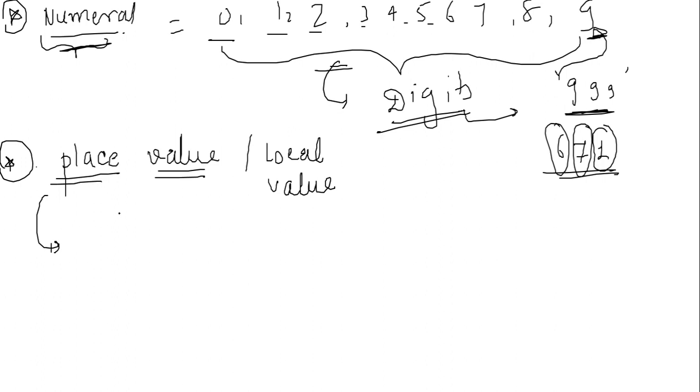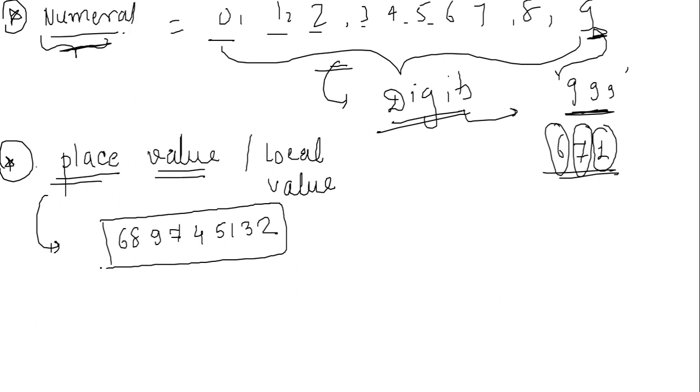For example, I have given a number to you over here, which is 68 crores 97 lakh 45,132. So this is a huge number.